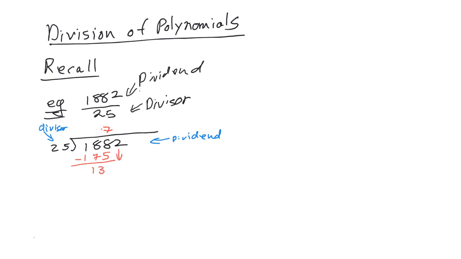Then we carry down a 2. So now we have 132. So now 132 can be hit with 5 times 25, which gives us 125, which gives us 7 at the end. Notice I'm going to put my 7 in a box here. Now, this we call the remainder. And this thing up here, we call the quotient.